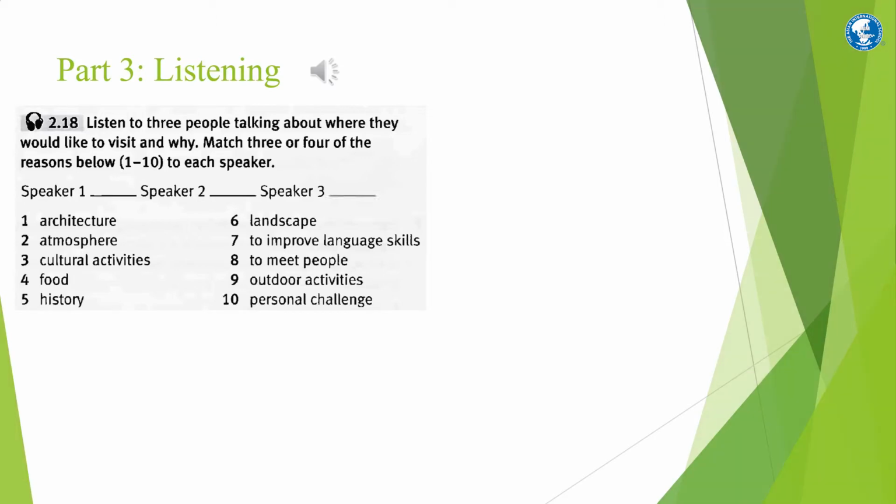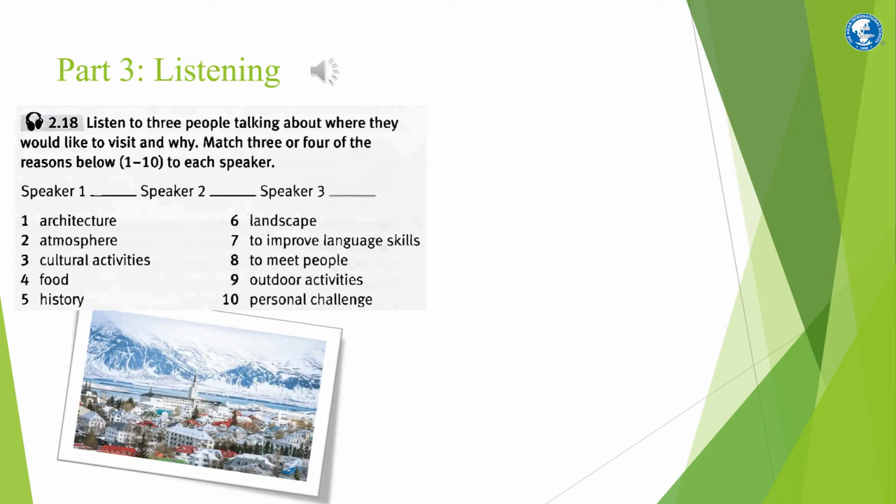Unit 7, B, exercises 3 and 5. Speaker 1, Susan. One place that I would really like to go and visit is Iceland. I think it would be really exciting to go there because it's a place I don't know too much about and it just kind of seems quite exotic.